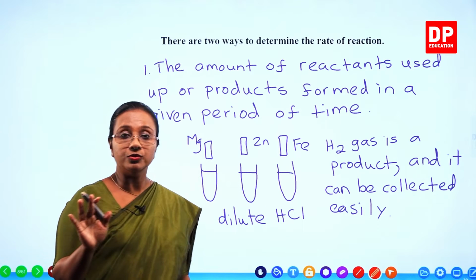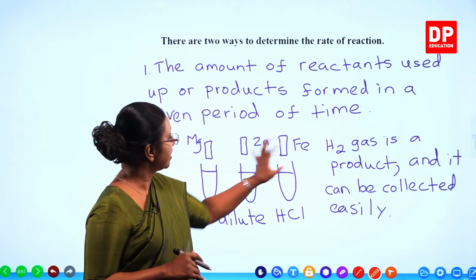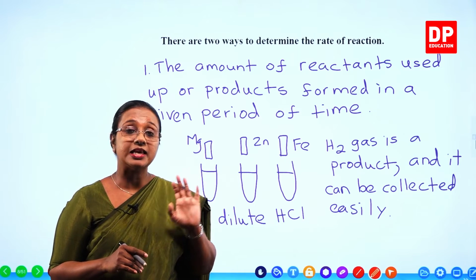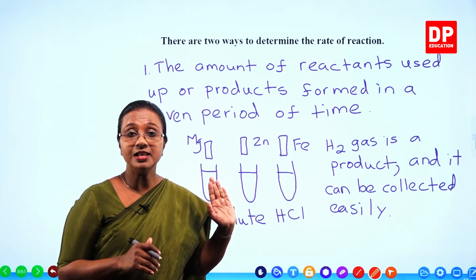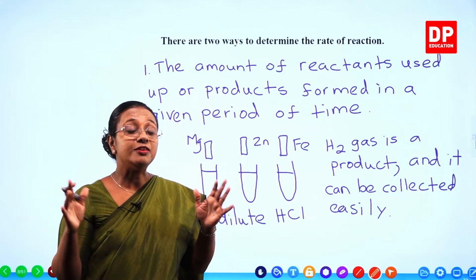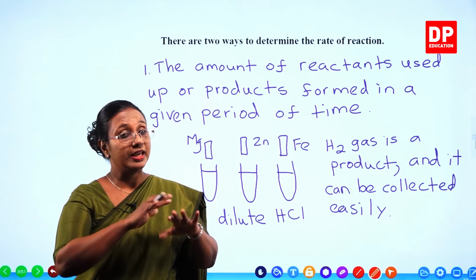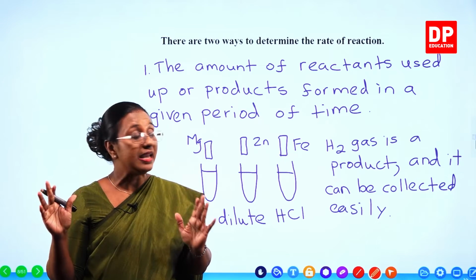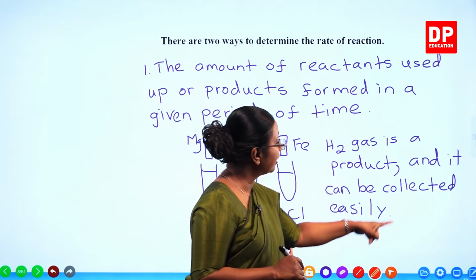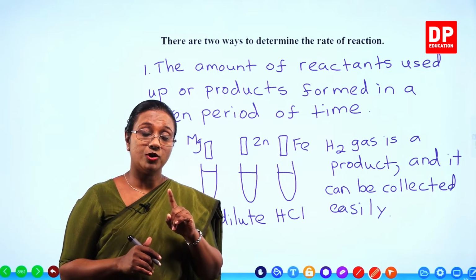So what can we do? We take equal sizes of magnesium, zinc and iron. Then we take the same amount of HCl. We can do it one after the other, or we can do all 3 at a time if you all are doing it in a group. The main thing is we need to collect the hydrogen gas evolved.